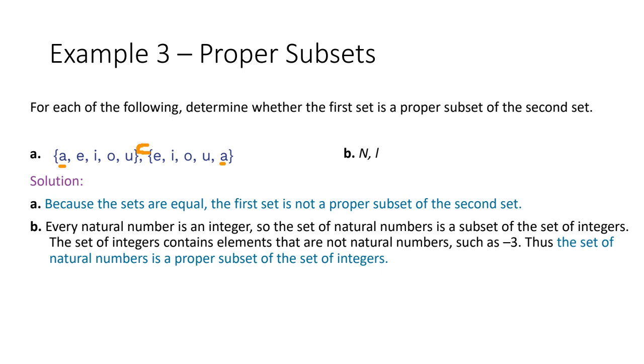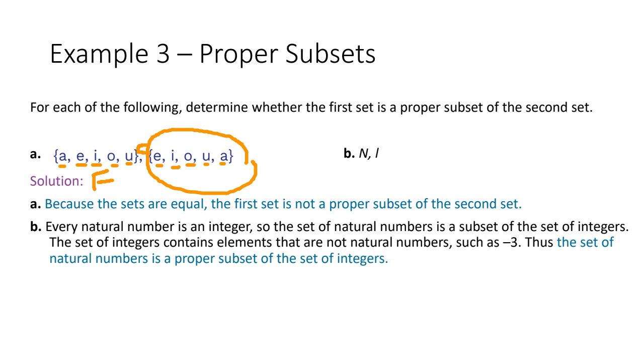Is E in here? Yes. Is I in here? Yes. Is O in here? Yes. Is U here? Yes. So that makes it a subset. Does the second set have an extra element? And the answer is no, there's no extra element. So this is going to be false. Okay.